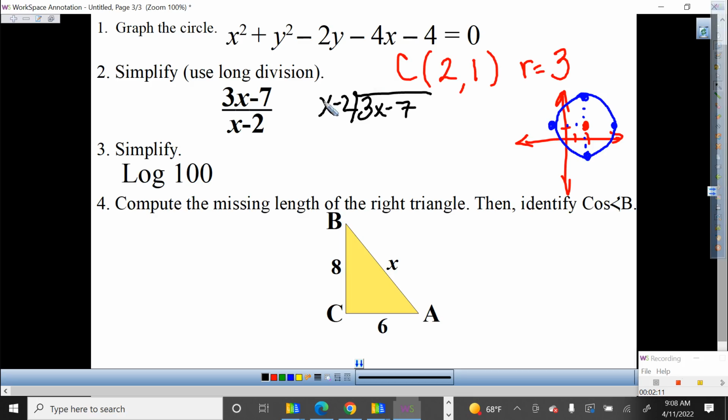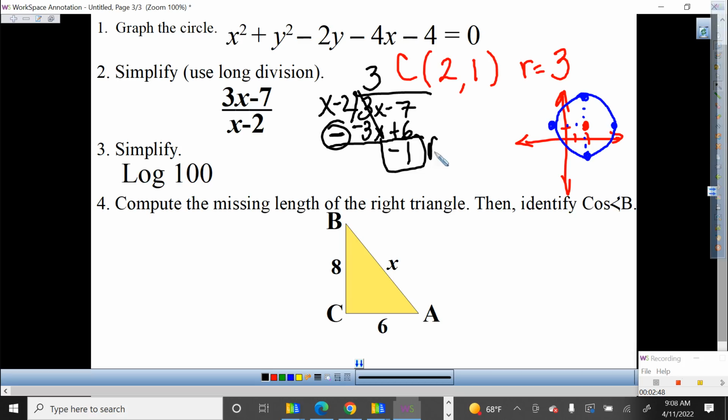So, what number times x gives us 3x? 3. 3 times x is 3x. 3 times negative 2 is negative 6. This is the step that some of you skip. Some of you at this point just subtract and all of a sudden combine. No, remember, write the subtraction sign, then distribute. Don't skip that step. That means this cancels. We're left with negative 1, and that's my remainder.